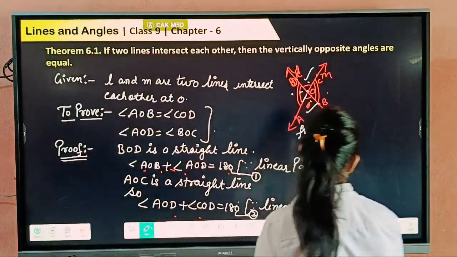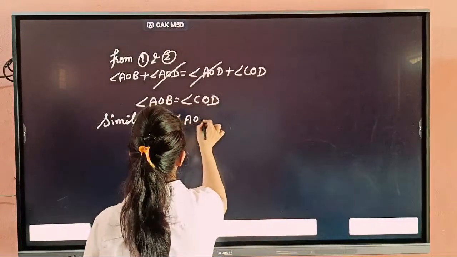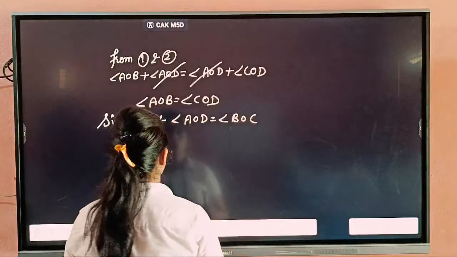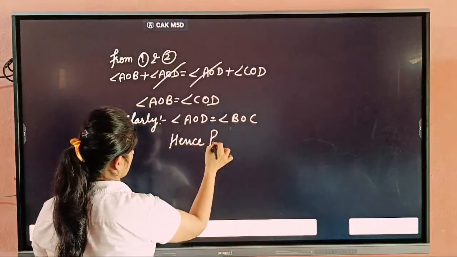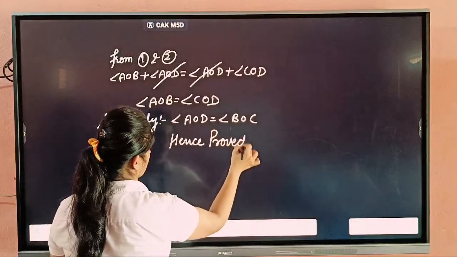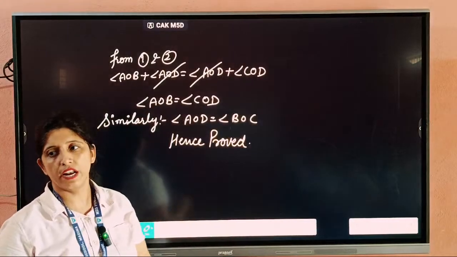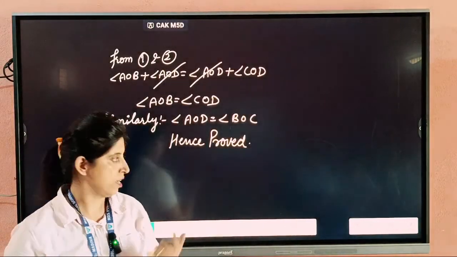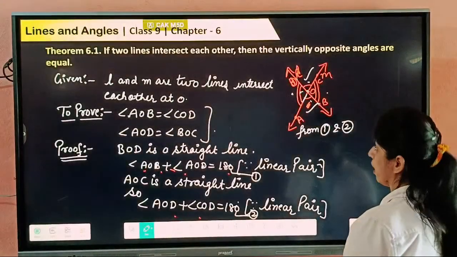Angle AOD equal to angle BOC. So hence proved, vertically opposite angles are equal when two lines intersect each other at one point. I hope this theorem is understood by all. If any doubt is there, you can ask.